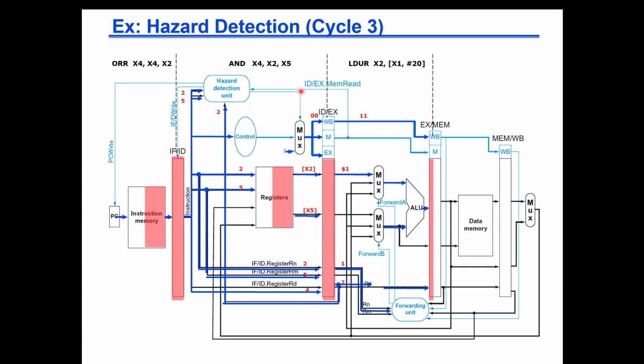And the other condition is, if memory read is 1, meaning that this instruction is a load. So if I have a load here, and the destination of this stage for the load is equal to any of the sources for this next instruction, then I need to stall.